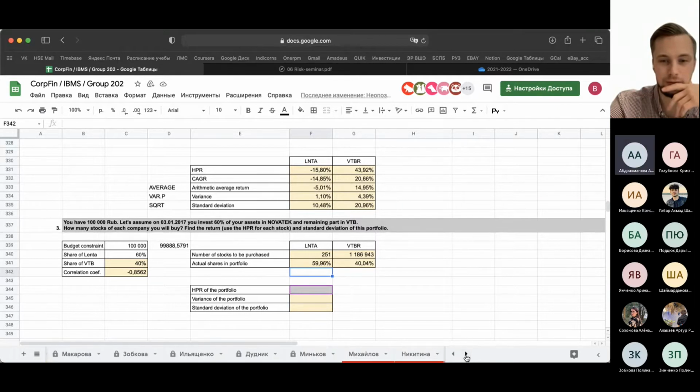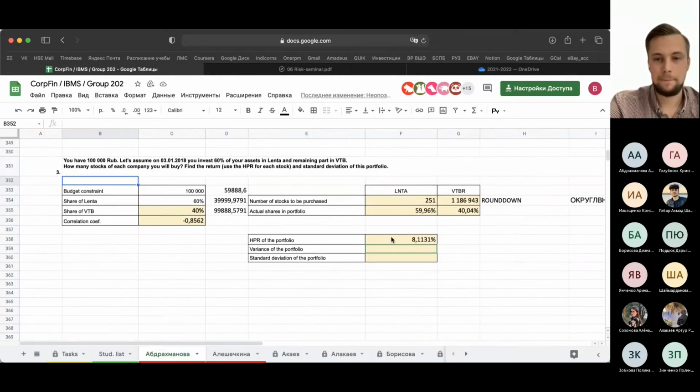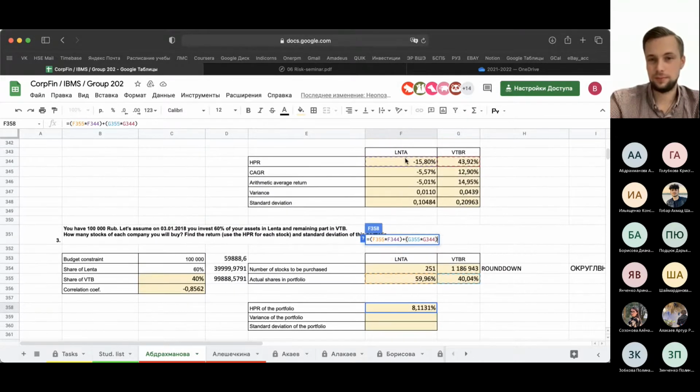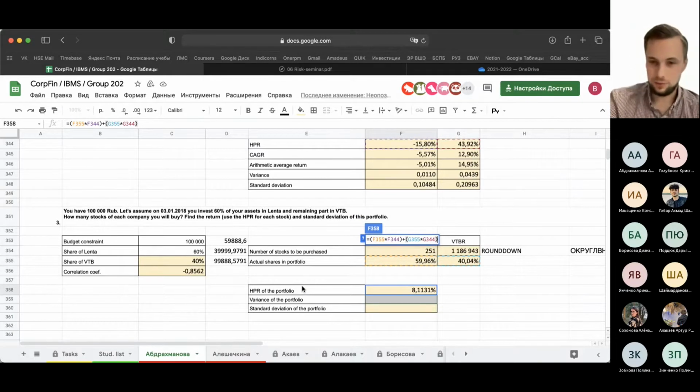I have done the calculation, but I haven't done variance and standard deviation. Okay, so the holding period return is just the weighted average sum of the returns for these two stocks. Does everyone agree? Yes. Okay, let's move on.